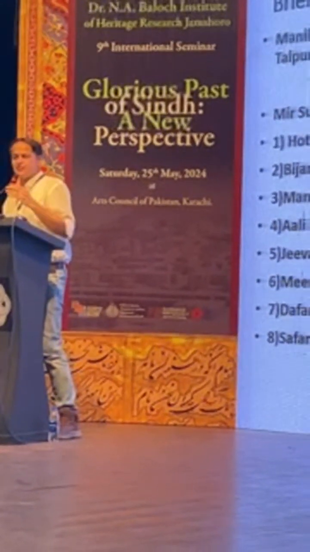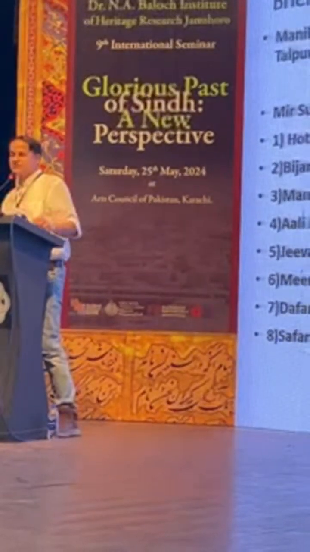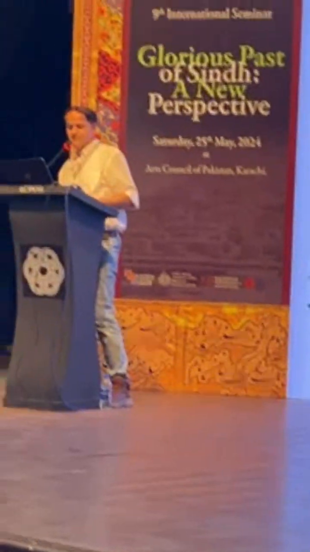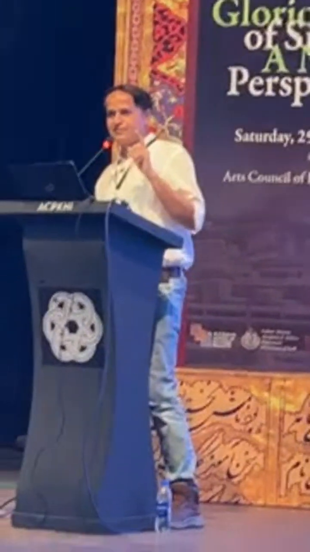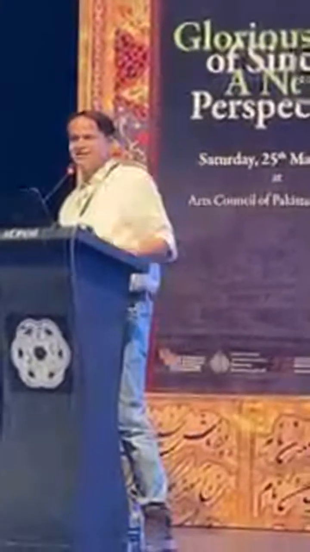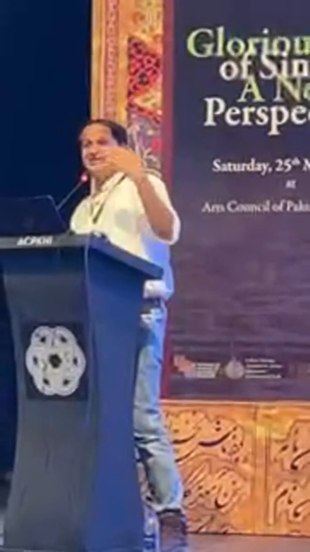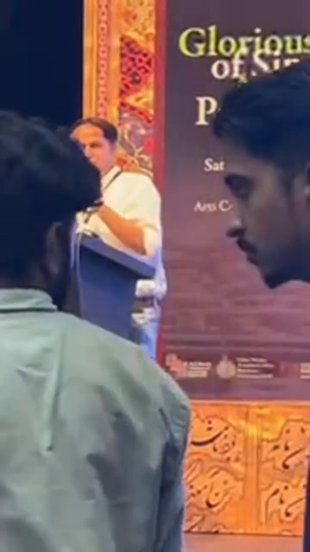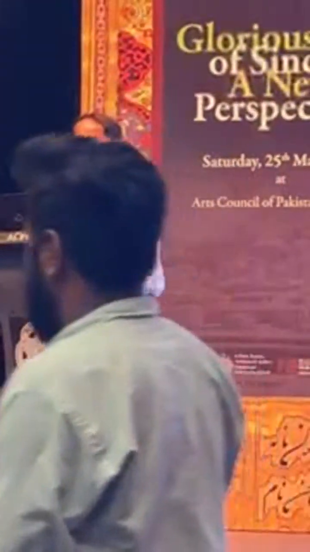So we know from secondary sources that the ancestor of Talpurs of Sindh, Mir Suleiman, popularly known as Kakko, or as we read or see the name on the Persian inscriptions, Kakka Khan Baloch, had 8 sons.